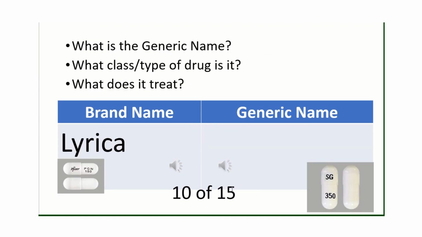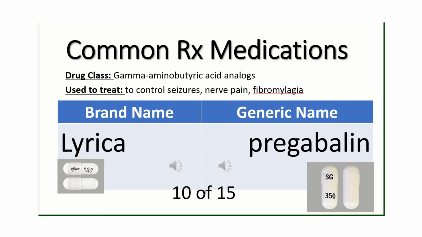What is the generic name for Lyrica? What type of drug is Lyrica? What does Lyrica treat? The generic name for Lyrica is pregabalin.